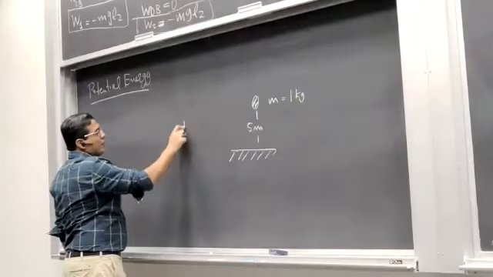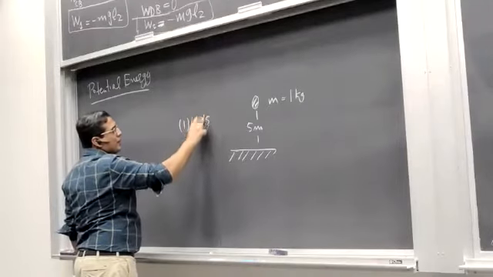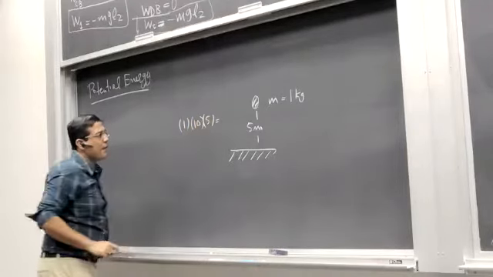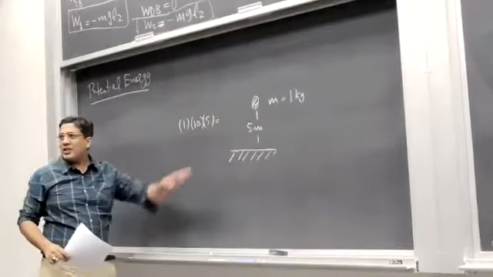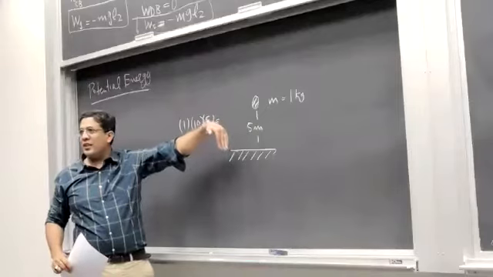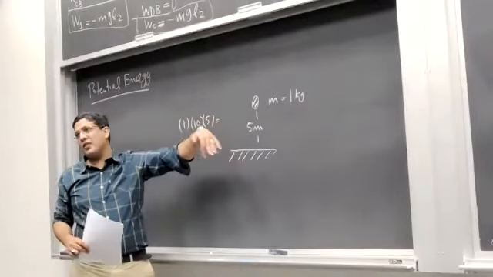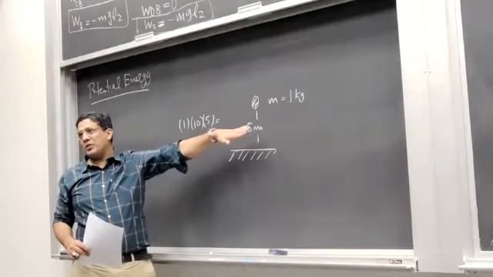So if I want to write it, let's say it's 1 kilogram, that would be 1 times mass times the acceleration times the height. If mgh is not clear to everyone, what it means is that the force, gravity, is acting in this direction, and the distance is also in this direction. They are in the same direction. So the final work would be positive.